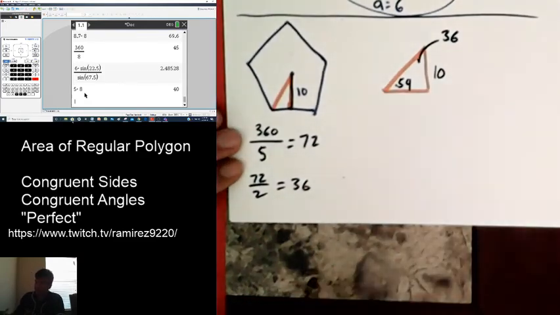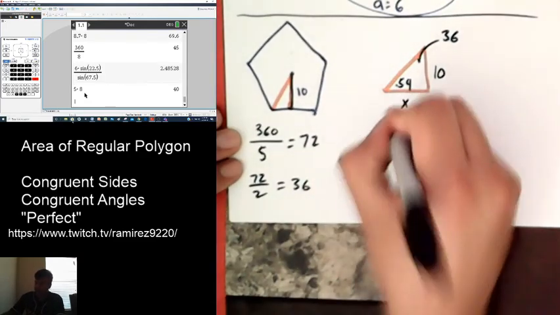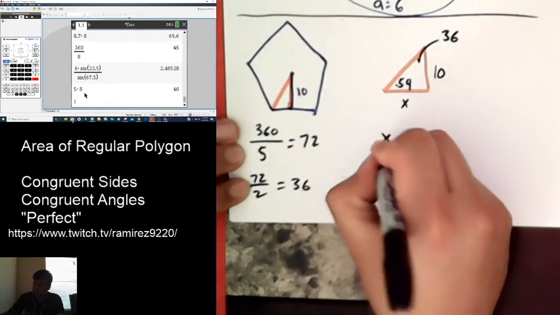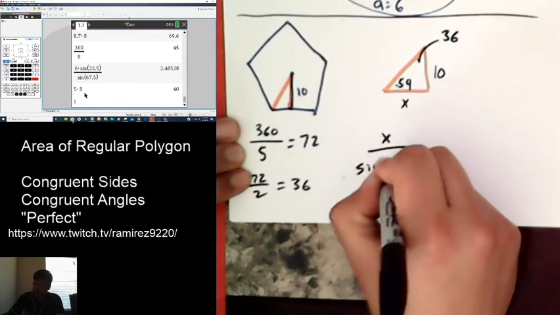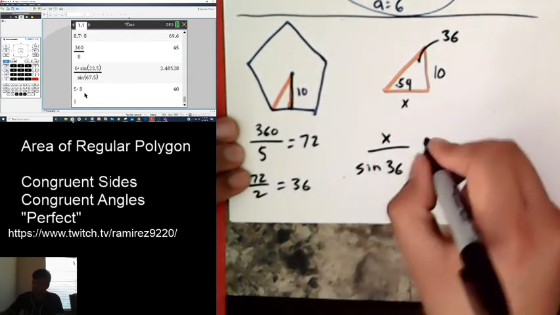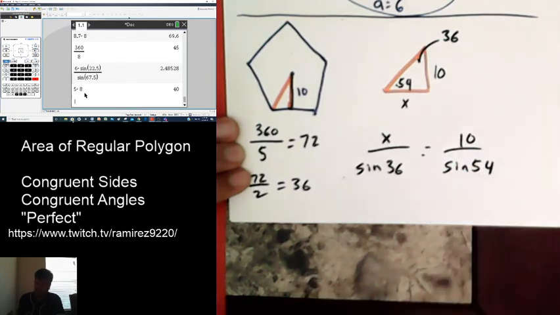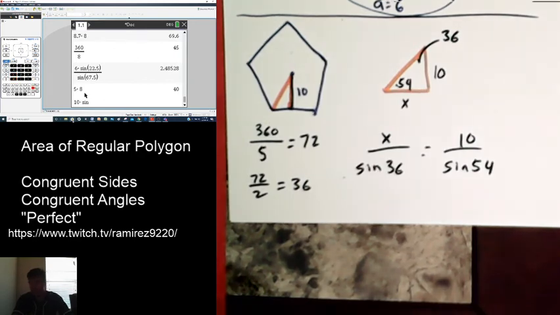Okay. And so if I want to solve for half of my side length, it's just a matter of doing the quick relationship. X is to the sine of 36, just like 10 is to the sine of 54. So we do a quick cross multiplication where it's now 10 times the sine of 36, right, divided by the sine of 54.